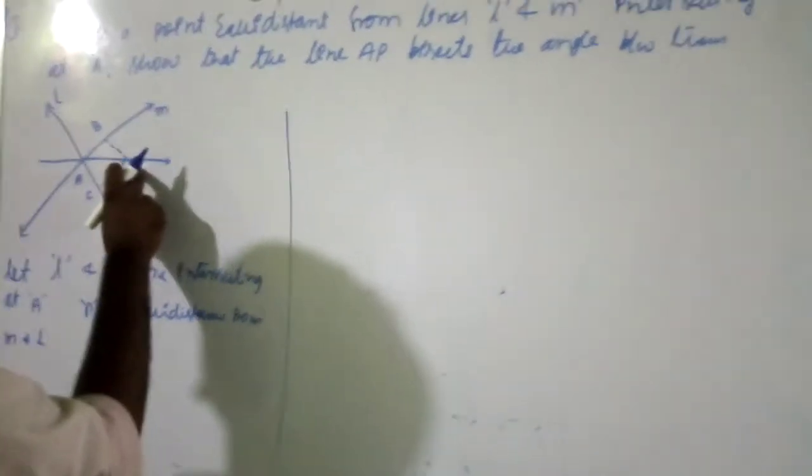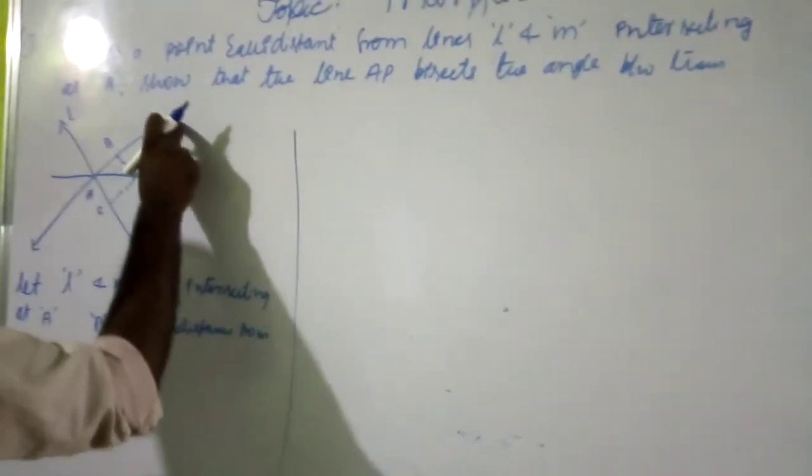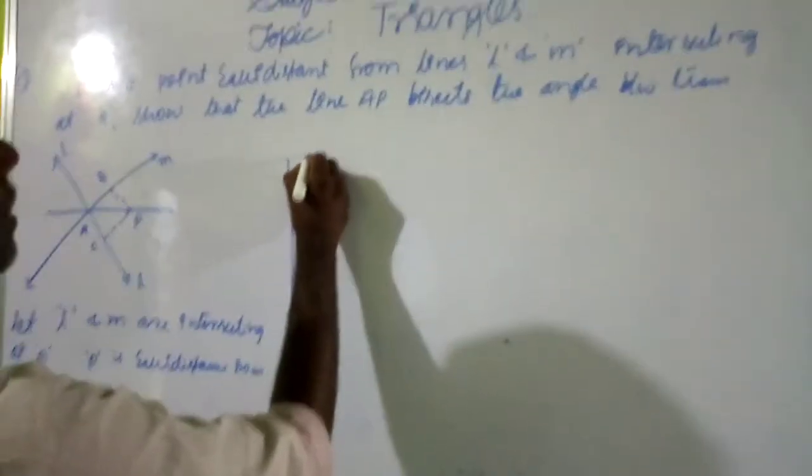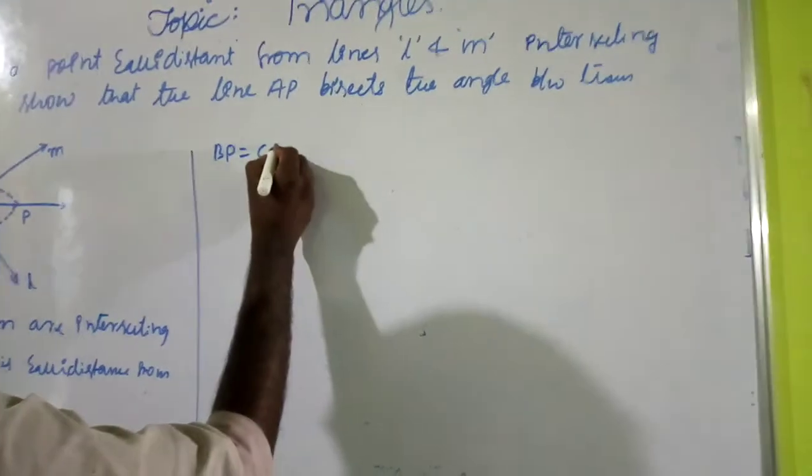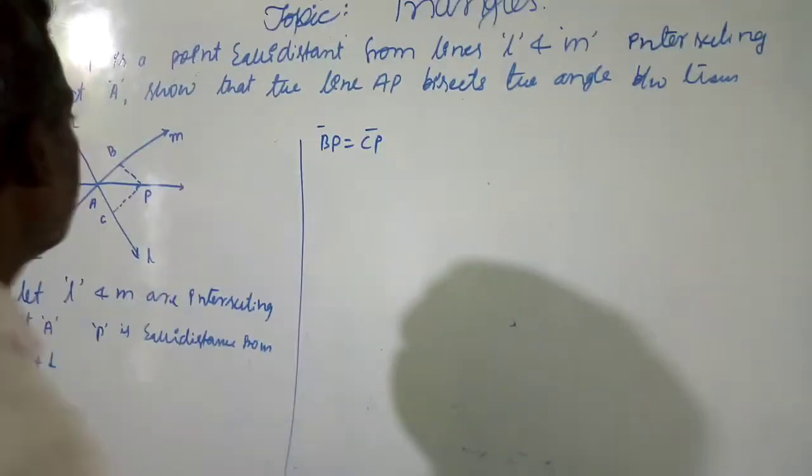Since this point P is equidistant from M and L, BP is equal to CP. These two sides are equal.